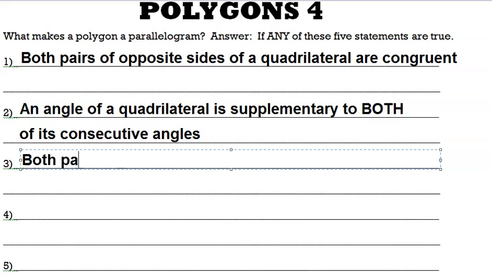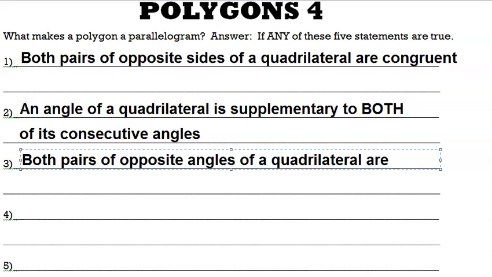If both pairs of opposite angles of a quadrilateral are congruent, then it's a parallelogram. Once again, that's another rule that you've done in the past. Okay.